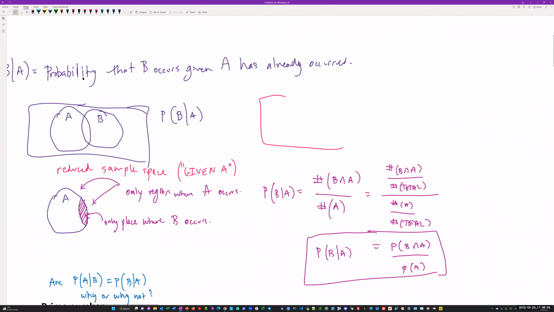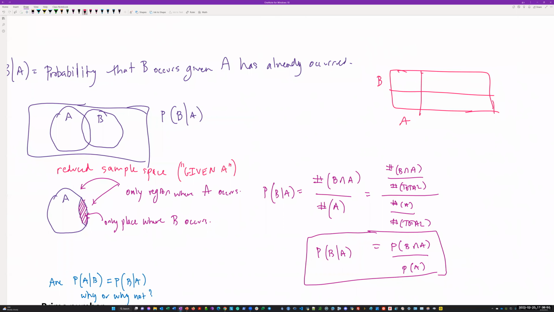So if we just draw this, let's say this is A and that's B going across and going up. Does that make sense?